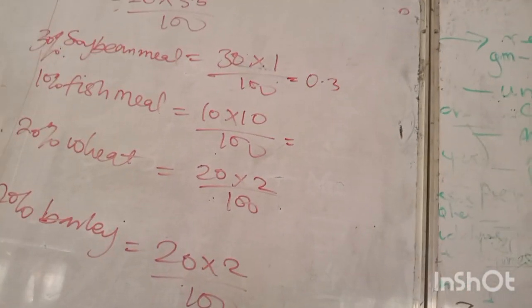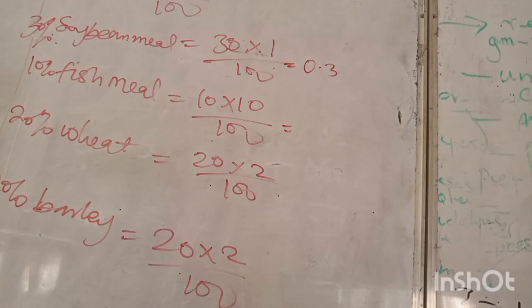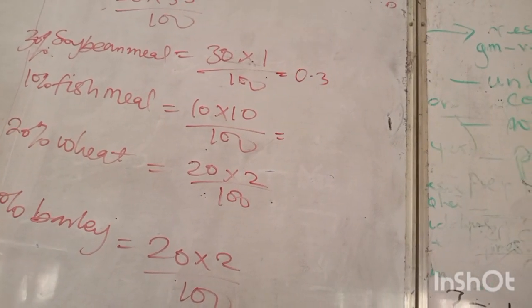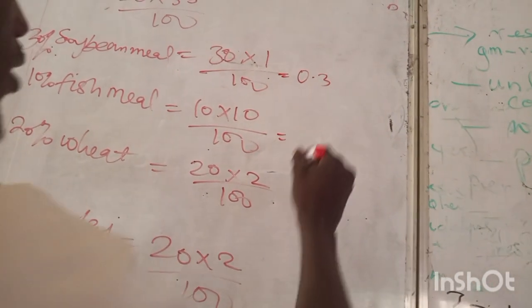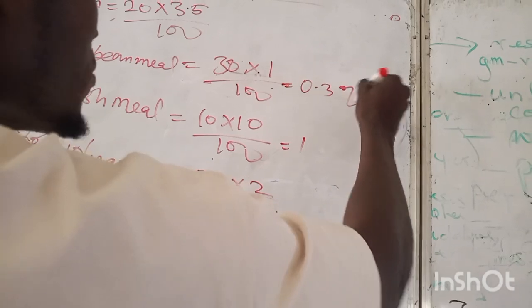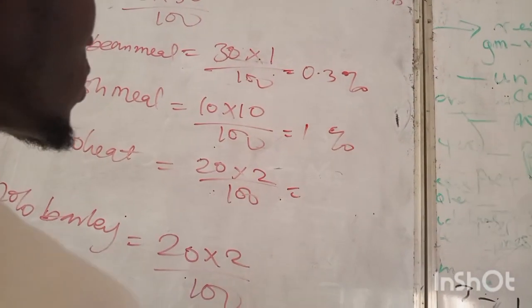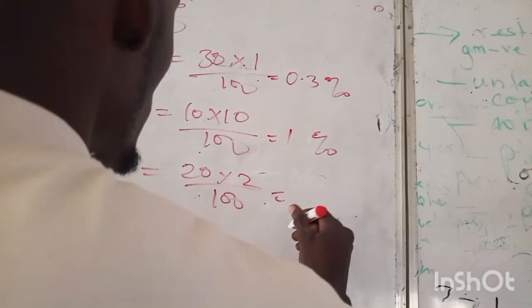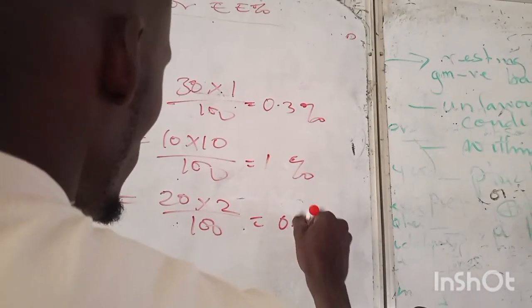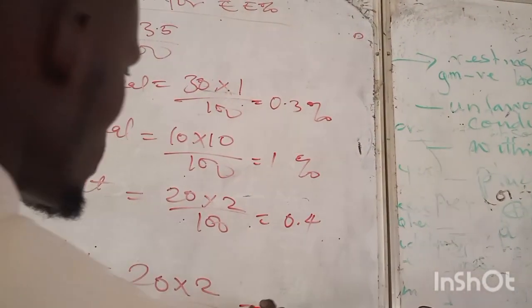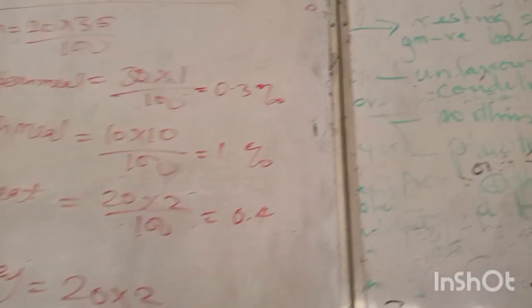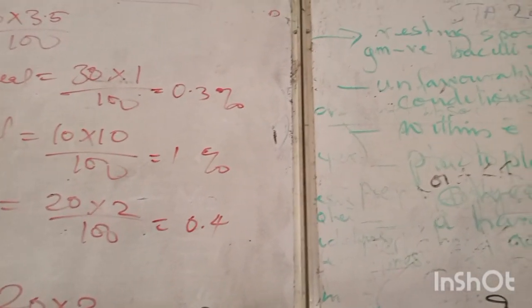Then we come back down. We have 10 times 10, 100 divided by 100 equal to 1. Remember, all in percent. 20 times 2 is 40. 40 divided by 100 is 0.4. Good. Same way, 20 times 2 is 40. 40 divided by 100 is 0.4.